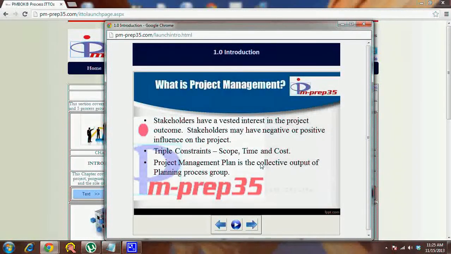But this is a straightforward statement: the project management plan is the collective output of the planning process group. There are other plans, but they all get into the project management plan. We will get into detail as we go into each of the plans. Also, while we develop the project management plan, we can really understand why this is stated this way.